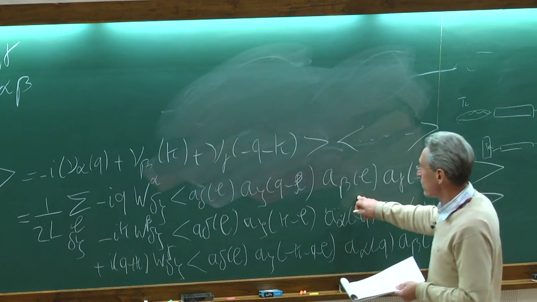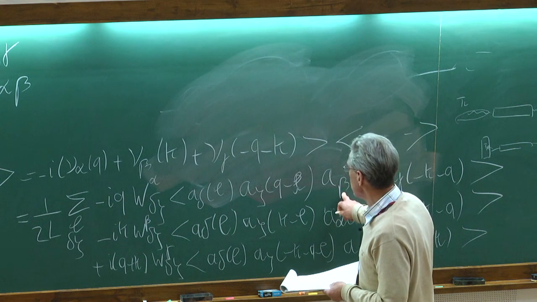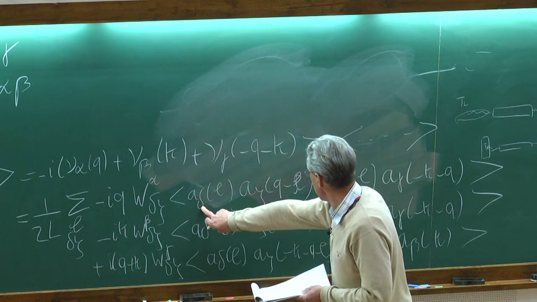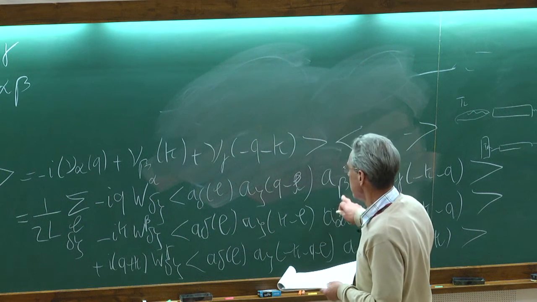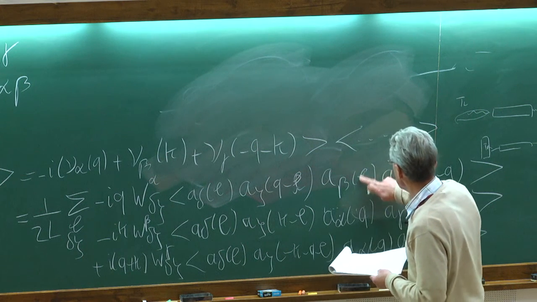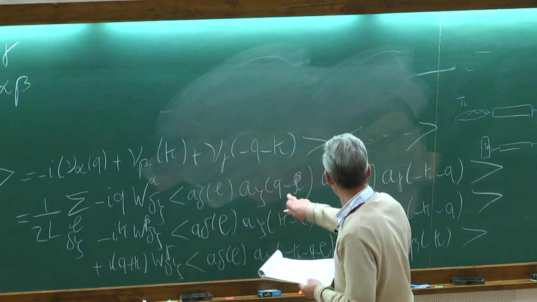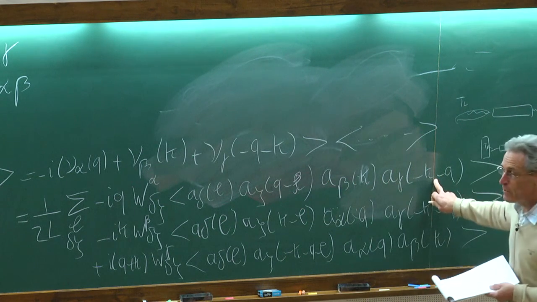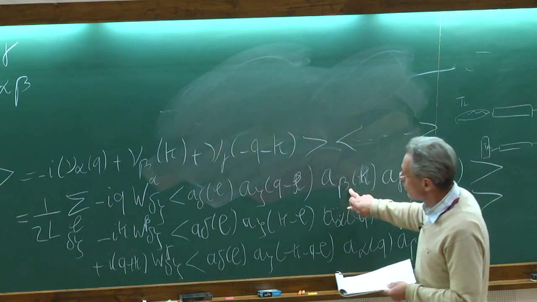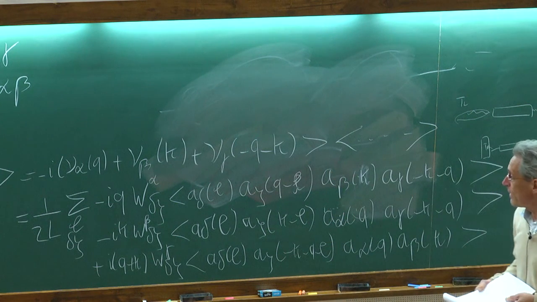And for these products of 2 not to vanish, you require that alpha equals beta. And let's see, this should not be an L, this should be K. Okay, so L should be minus K, and then this one contracts with that one. And the expectation value of a product of modes, if they're normalized, is just 1.